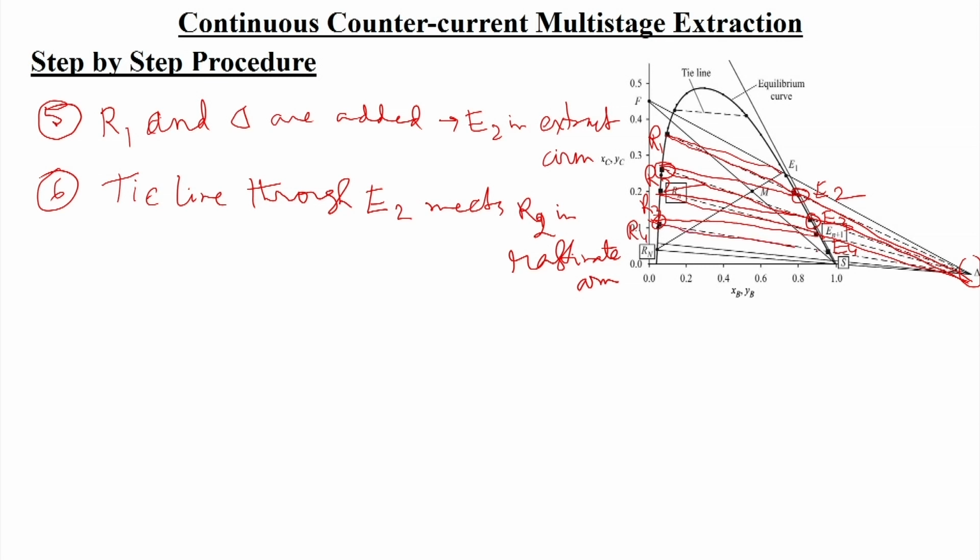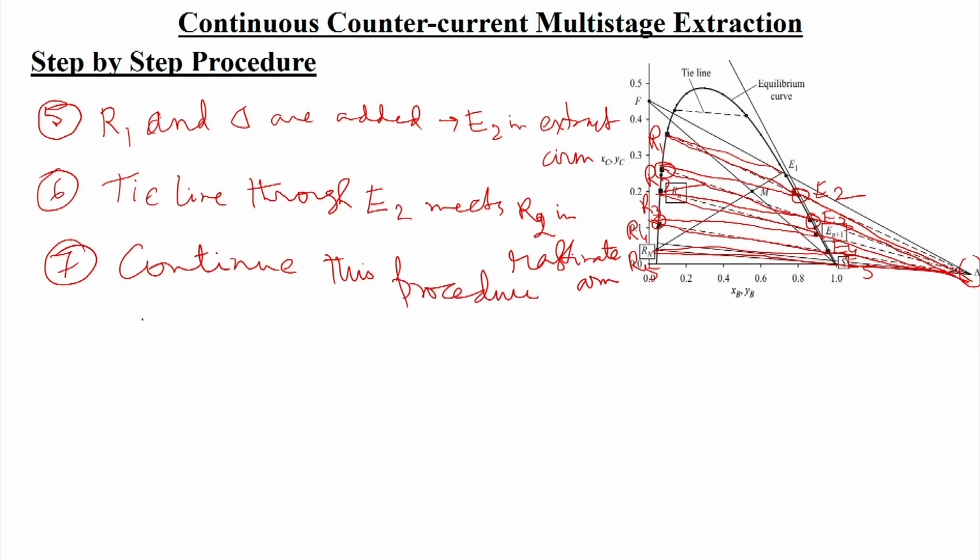That way again we draw the tie line, then we get E5, and then again a tie line, we get R5, then we add it. So, we continue this procedure till Rn is obtained or reached.